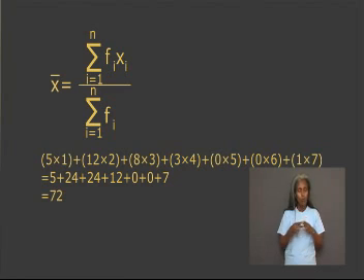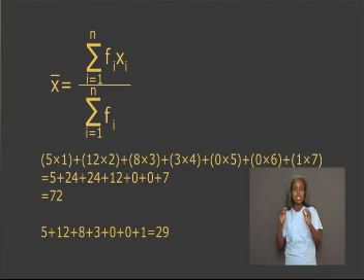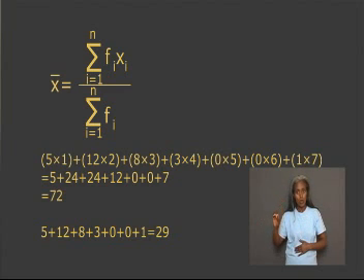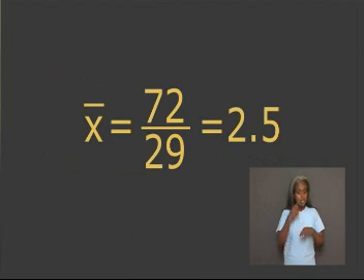So the numerator is 72. The denominator is the sum of the frequencies. 5 plus 12 plus 8 plus 3 plus 0 plus 0 plus 1 equals 29. Therefore, x bar equals 72 over 29, or 2.5.